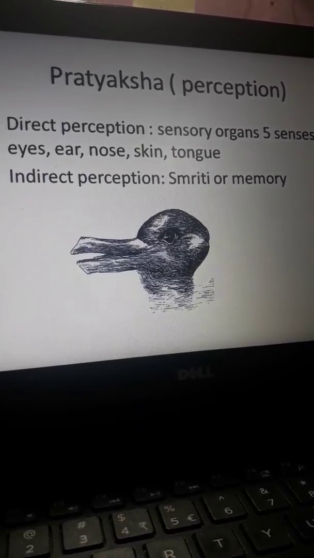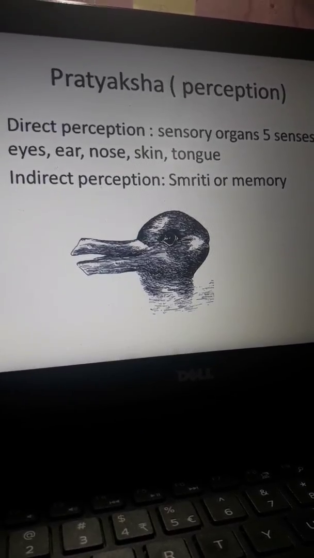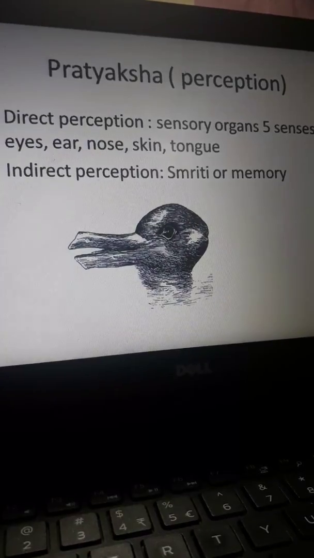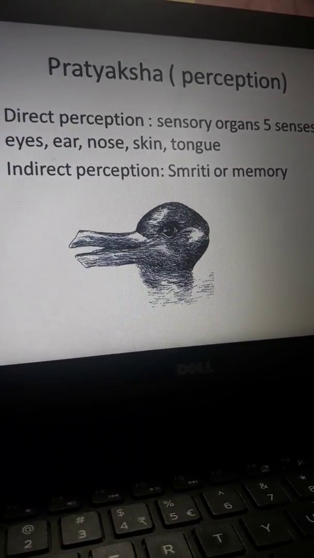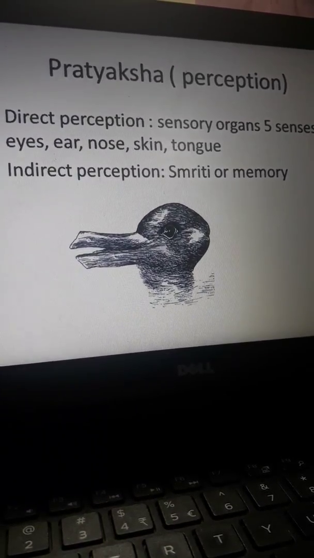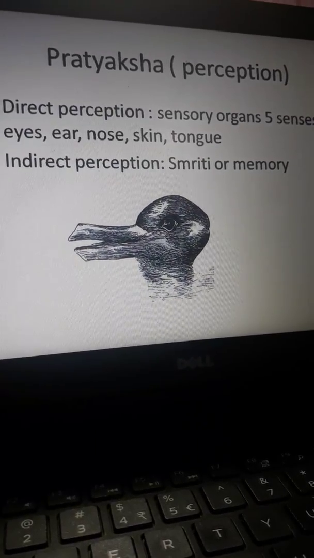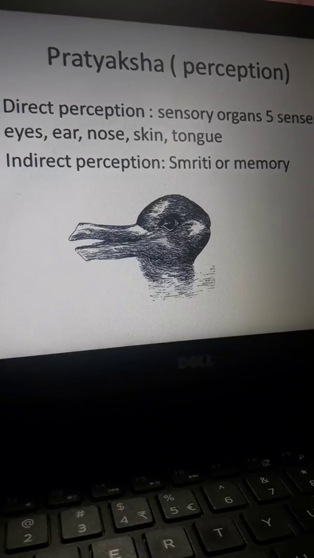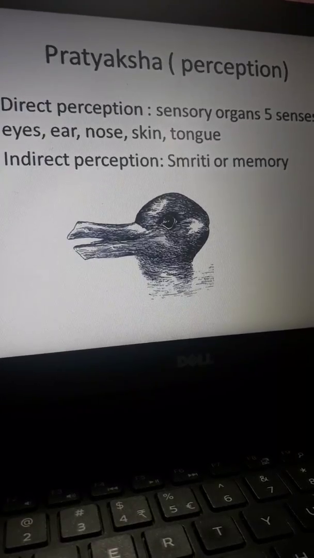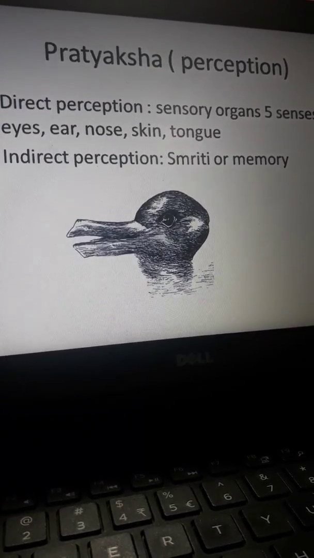Let's start from the eyes. The things which are acquired by seeing are through the eyes. The second one is the ear.